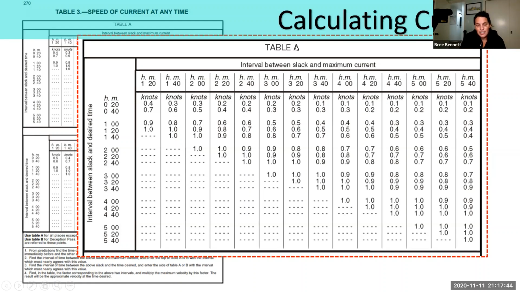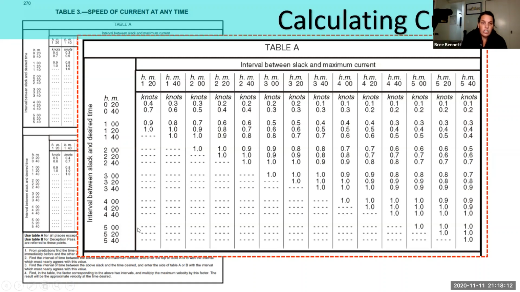Now it says here, table A, that's just because it's divided in half to table A and B. So it is table 3, but it has an A and a B section.